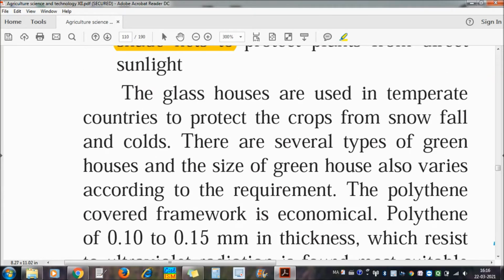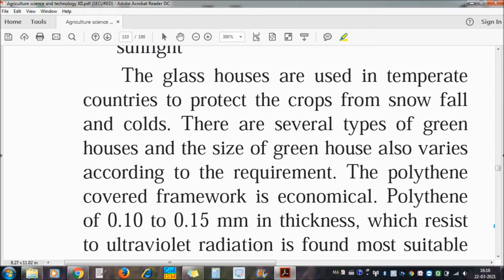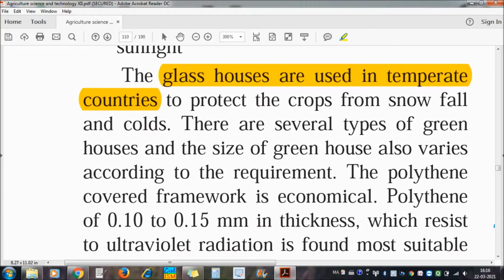Now where these houses are used, let us see. Glass houses are used in temperate countries, means where the climate is very cold, where snowfall is usual matter, clouds are always there.